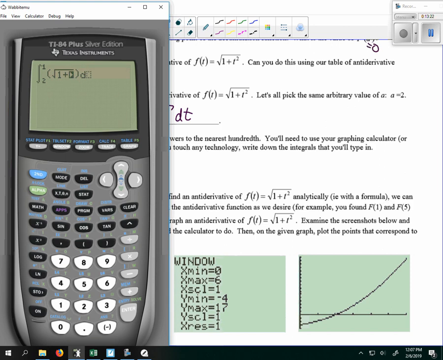Typically we use x, but you can use any letter. I'm going to use t because the letters matter a lot in the fundamental theorem. There we go, and I get about negative 1.8.